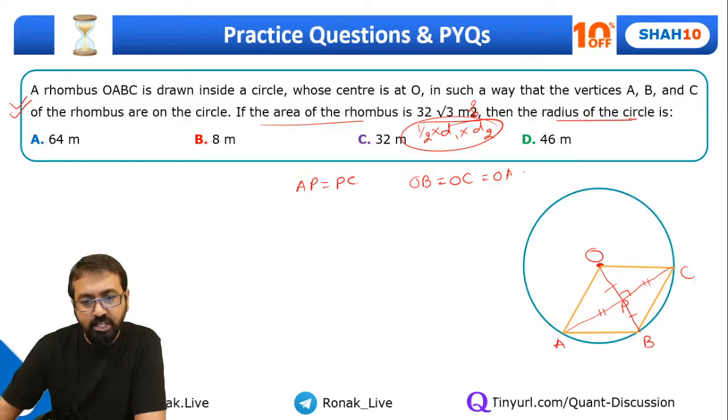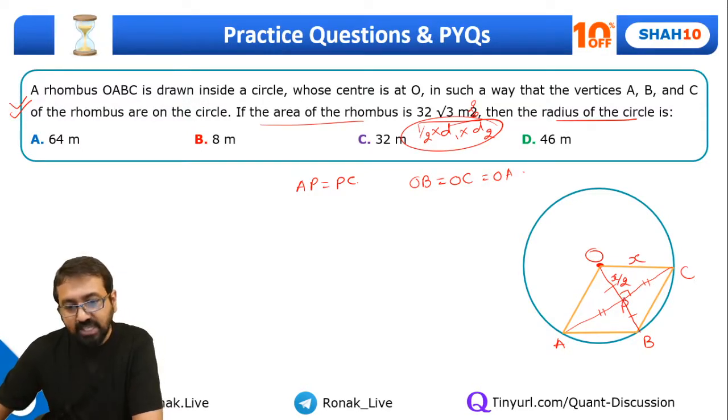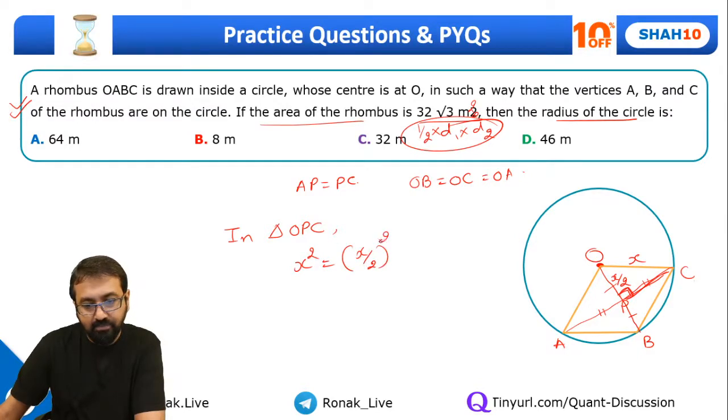We need to find out radius of the circle, so let's take radius as x. So can I say this OB is also x? So this will be x by 2, yes or no? Now we can find out this part, because this is a right angle triangle, triangle OPC. Triangle OPC is a right angle triangle, so in triangle OPC I can say x square will be equal to x by 2 square, right?